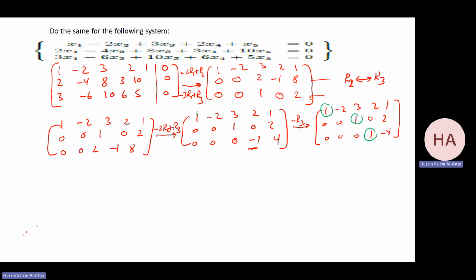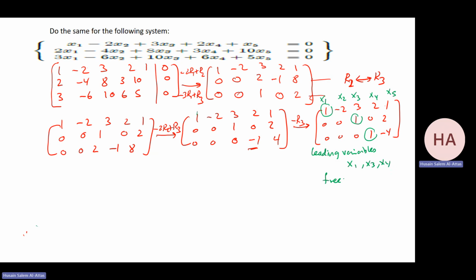This is the first element about the rows. Don't forget this is x1, x2, x3, x4, x5. So what are the leading variables? They are x1, x3, x4.